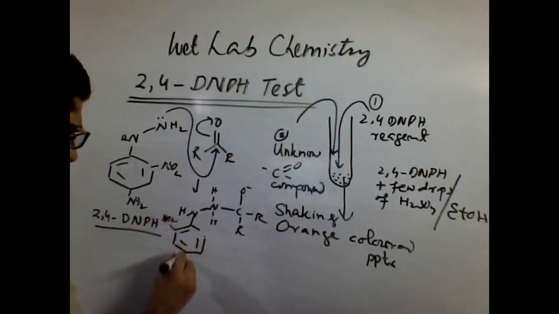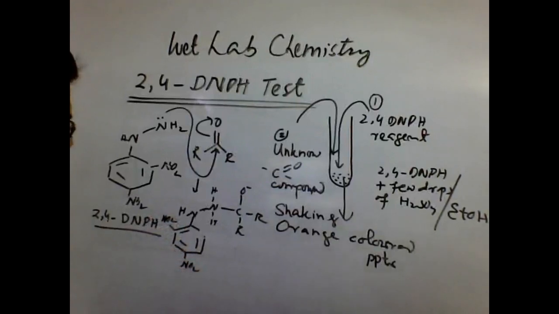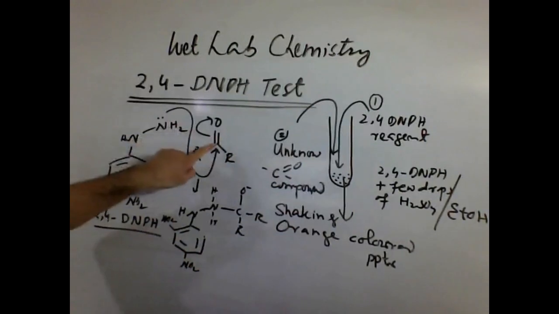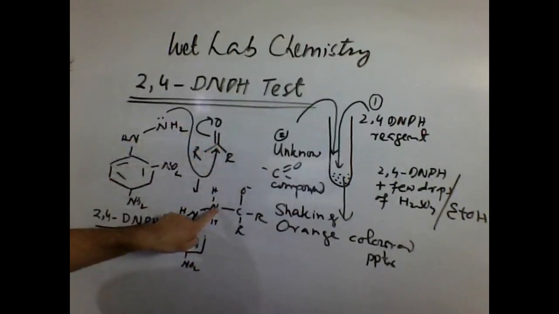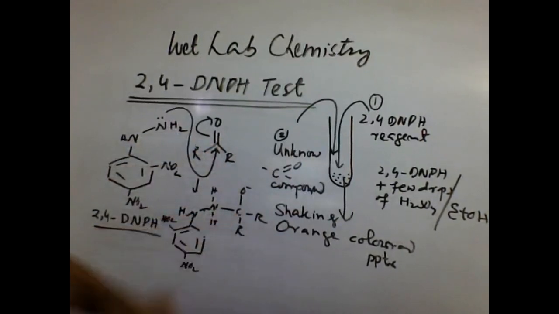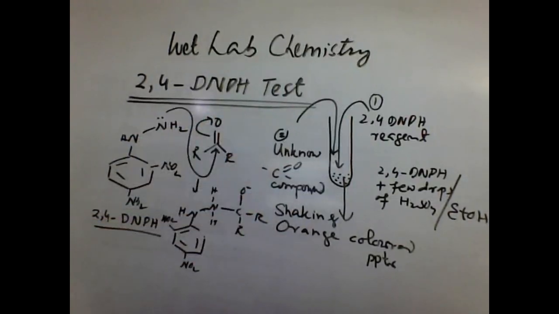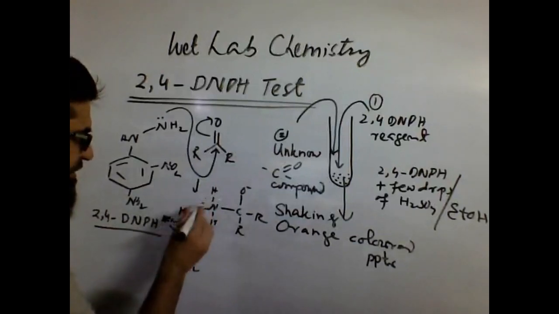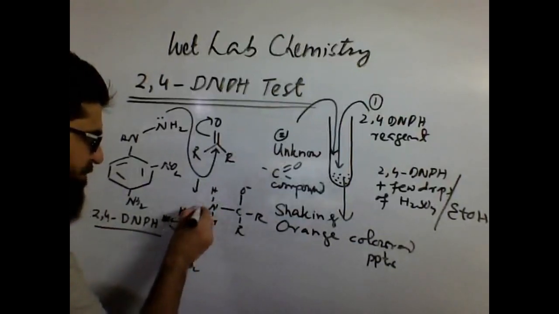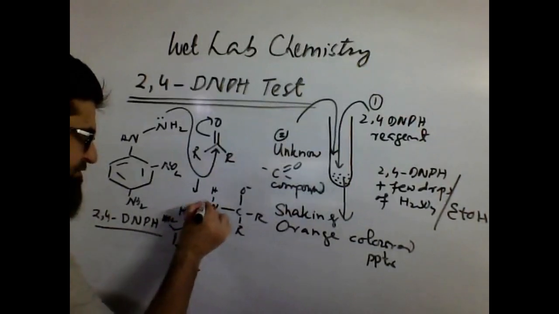It could be 2,4-dinitro. It could be right this way. This lone pair has reacted at the carbon, so there is a bond between this lone pair nitrogen and the carbon. This double bond has moved up in the form of a negative charge, and this nitrogen at the moment carries 4 bonds, so it is supposed to carry a positive charge.